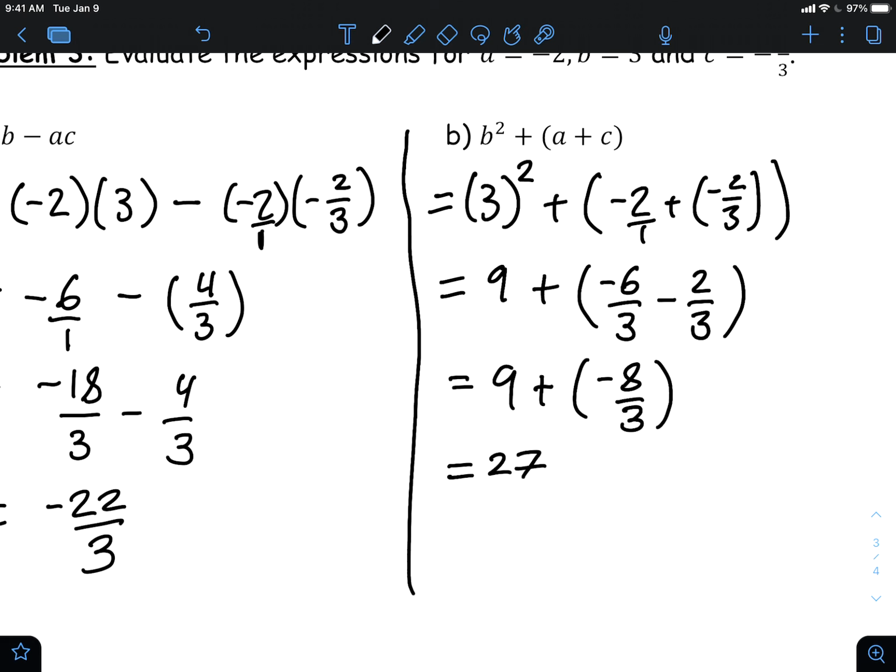So we have 27 over 3, 9 times 3, minus 8 over 3. And when we do that, we are left with 19 over 3. And once again, we've got something that we can't reduce. 19 is a prime number, so that would be that.